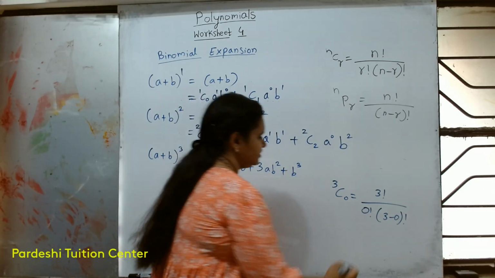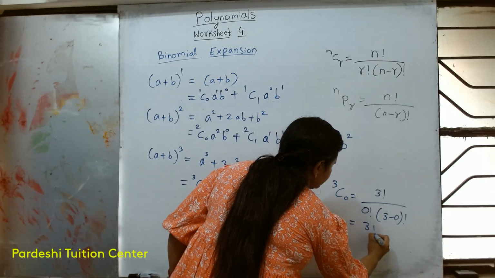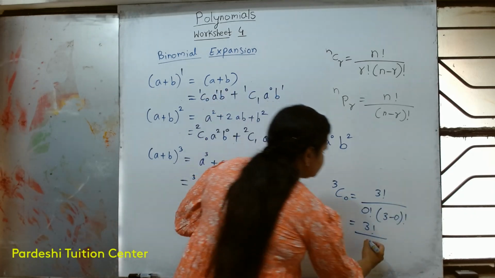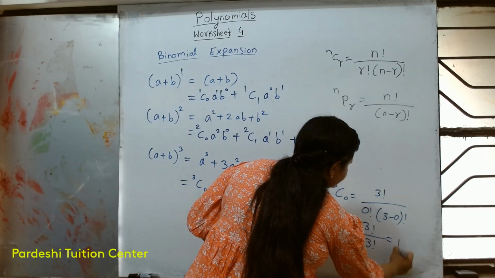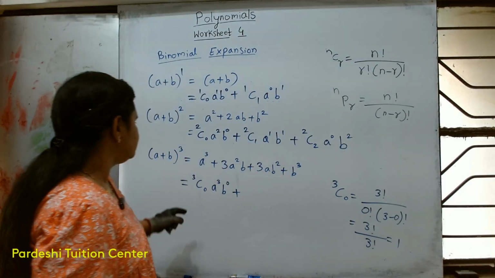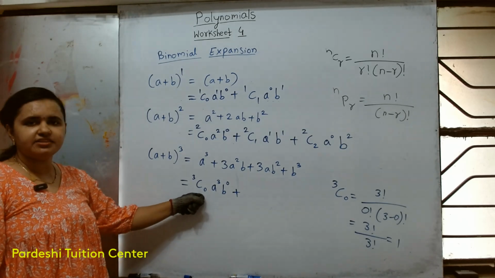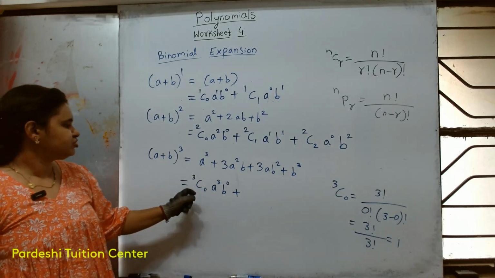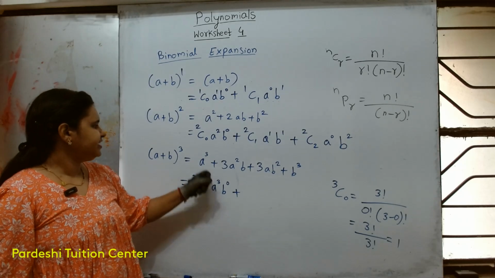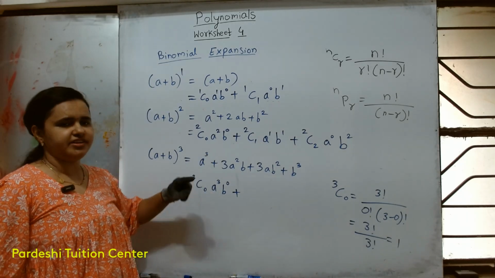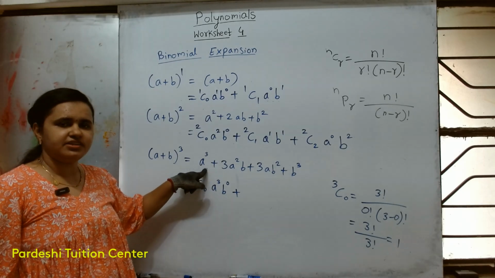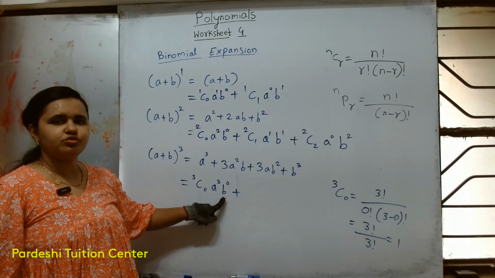So it will be 3 factorial upon 0 factorial, which is 1, and 3 minus 0 means 3 factorial. Again 3 factorial upon 3 factorial is equal to 1. So 3c0 is coming as 1 and here also the coefficient of a cube is 1. So it is true. Now in a cube, the power of a is 3 here, so I wrote a cube, and b is not present here, so I wrote b to the power 0.